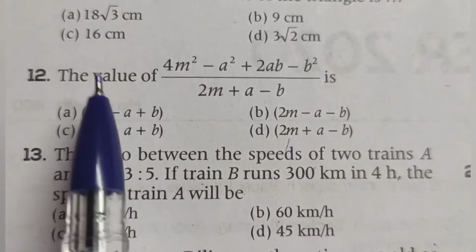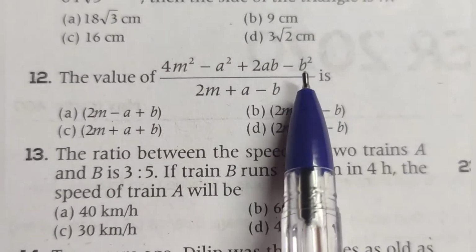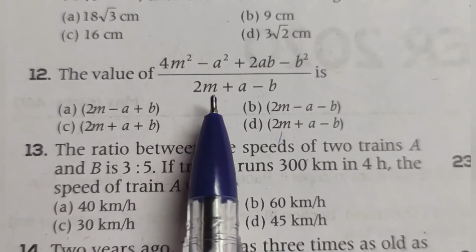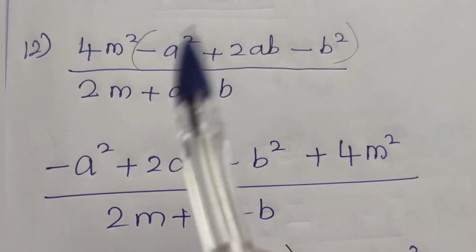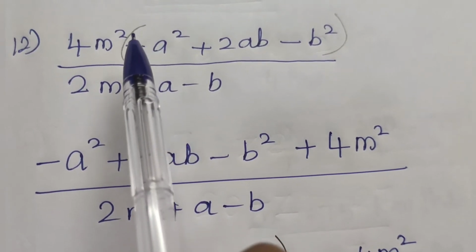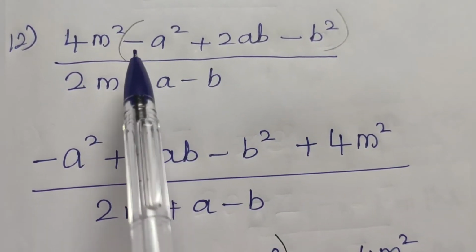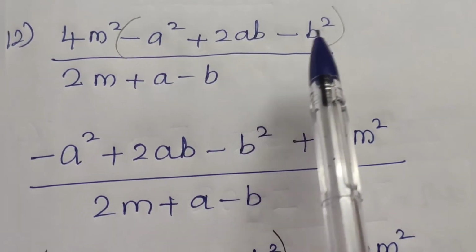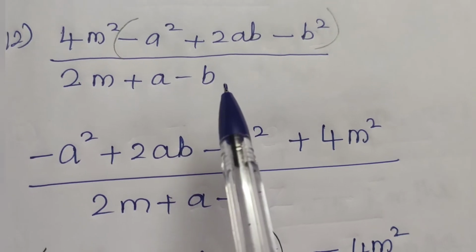12th question. The value of 4m square minus a square plus 2ab minus b square by 2m plus a minus b is dash. See, this is the question. In this question, I am going to group and take 4m square separately. This part is a separate group, minus a square plus 2ab minus b square by 2m plus a minus b.